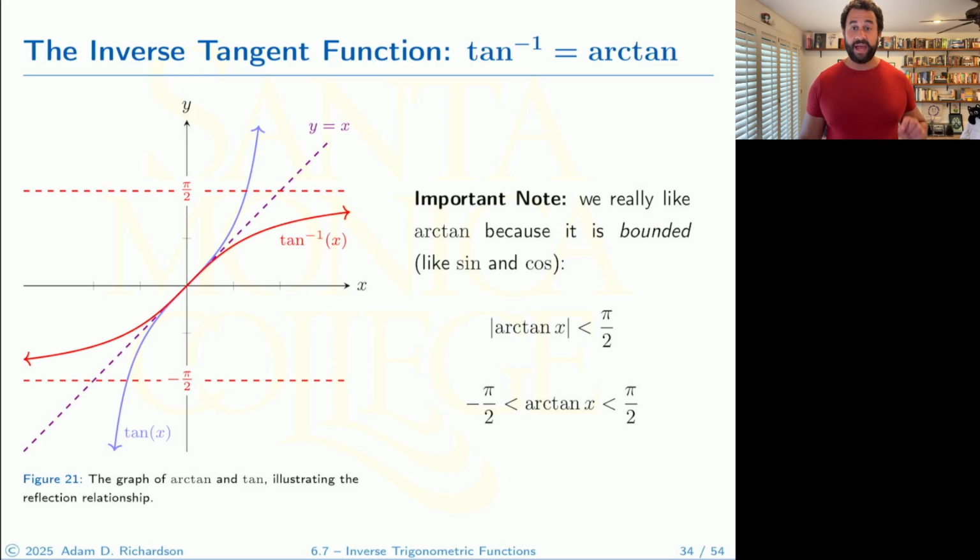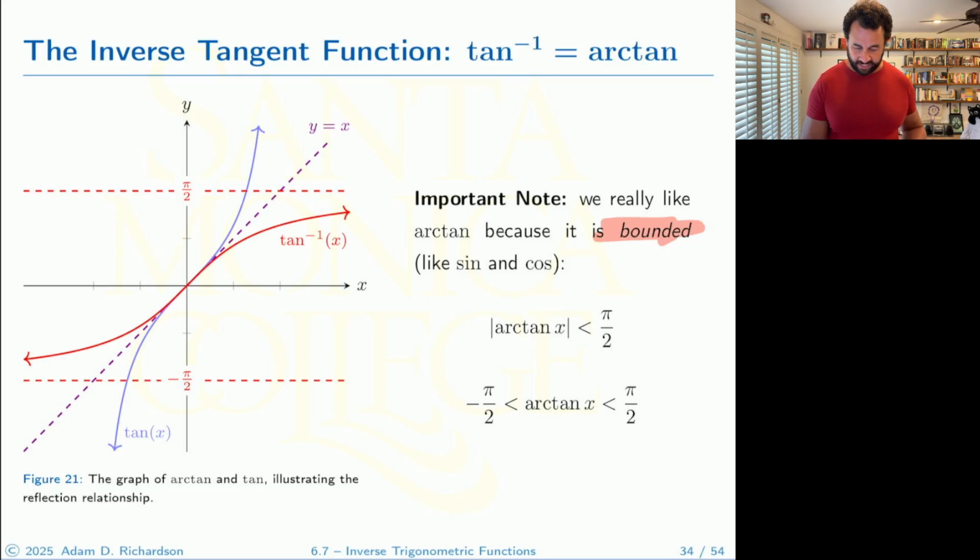Now I have this important note, and I do want you all to take note of this. Remember this for when you get into calculus 2. Arctangent is another function that we really, really love. Why? Because arctangent is bounded, just like sine and cosine are bounded.